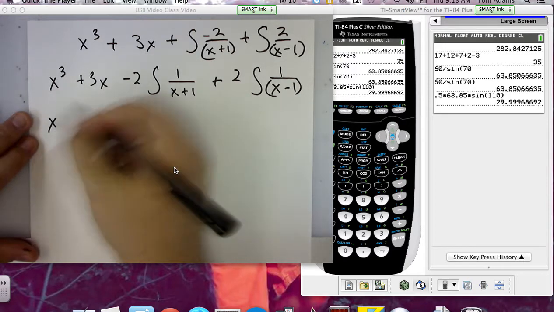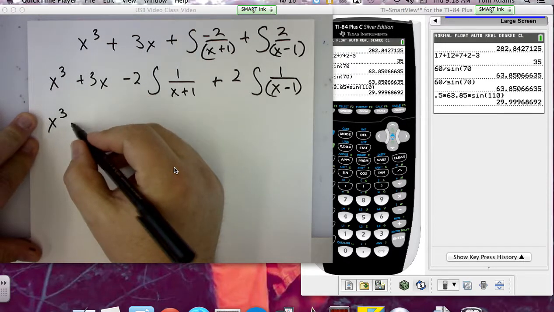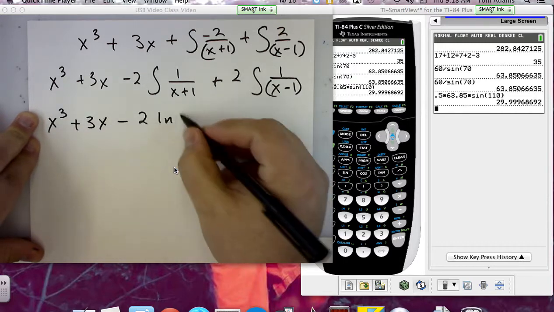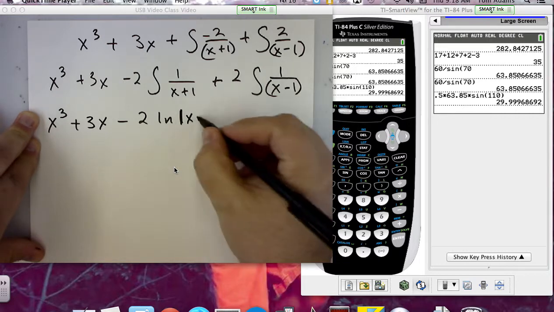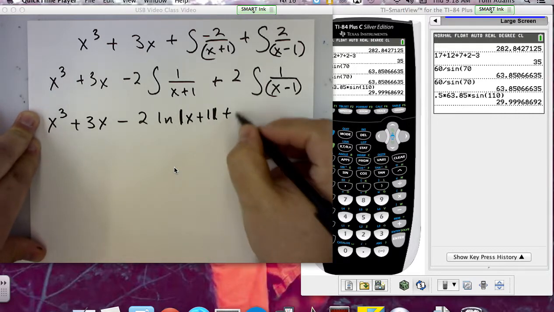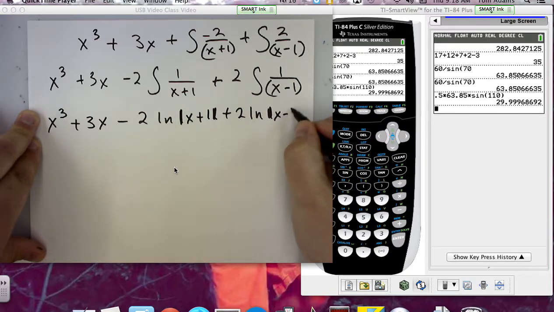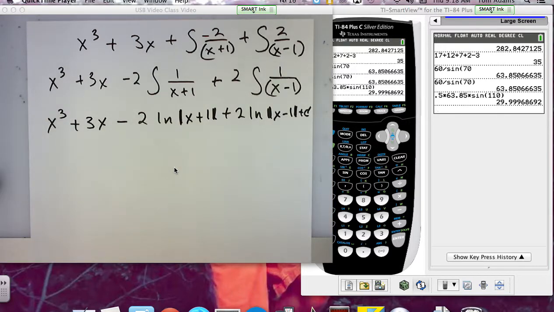So I say x to the third power plus 3x minus 2 times the natural log of the absolute value of x plus 1 plus 2 times the natural log of the absolute value of x minus 1, and then we have to tack on the plus C, which seems kind of long, but I can use the properties of logs because I have the same base, which is the natural log.